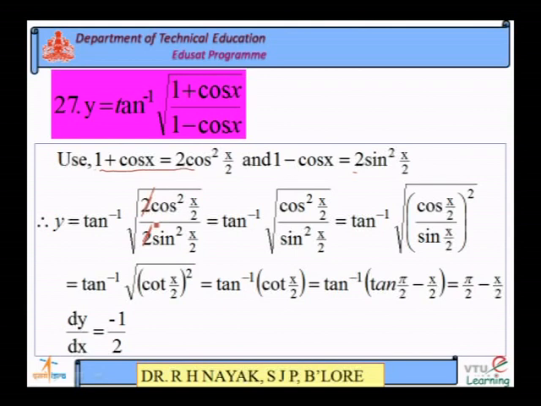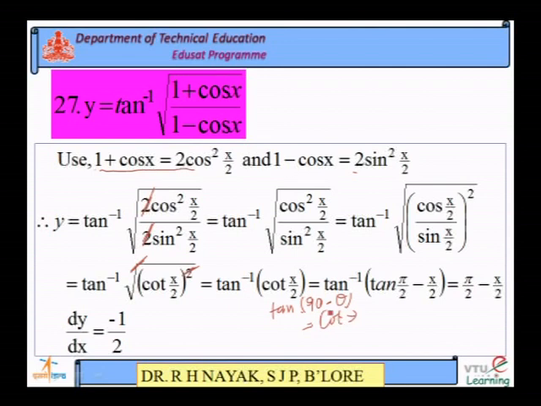Then the square root cancels, giving tan inverse of cot x by 2. Cot can be taken as tan of 90 minus theta, as tan of 90 minus theta is always equal to cot theta.